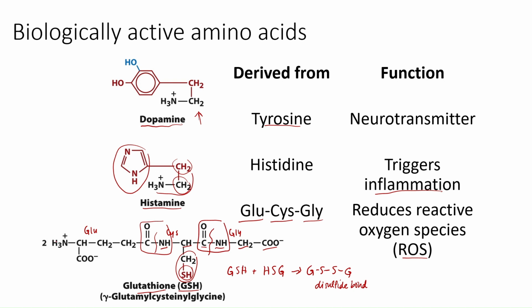So over here we have our amino acid backbone with our amino group, our alpha carbon, and our carboxylate part of the backbone. The side chain of glutamate also has a carboxylic acid, and that side chain is actually what's participating in this peptide bond over here. So that's something interesting structure-wise about glutathione.